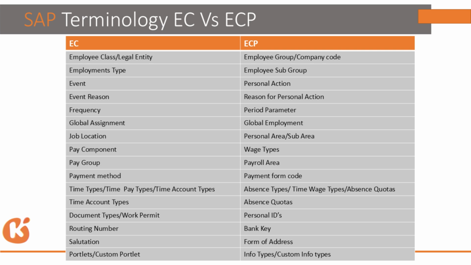The same you can create in ECP, because always the external code, whatever you create for the employee class, whether it is 1-digit, 2-digit or 4-digit, the same you have to configure in ECP also, so that you can avoid one-to-one mapping, like for the employee class. So if I say employee class, okay.